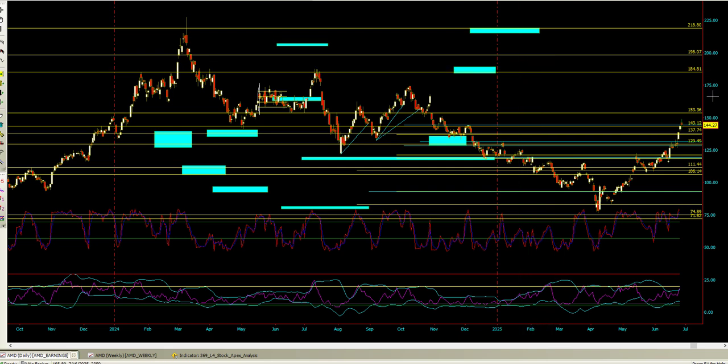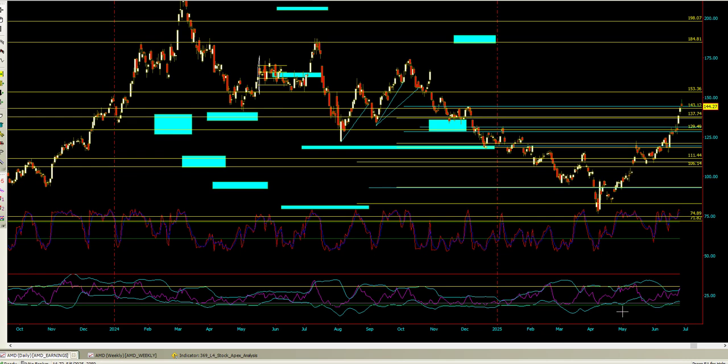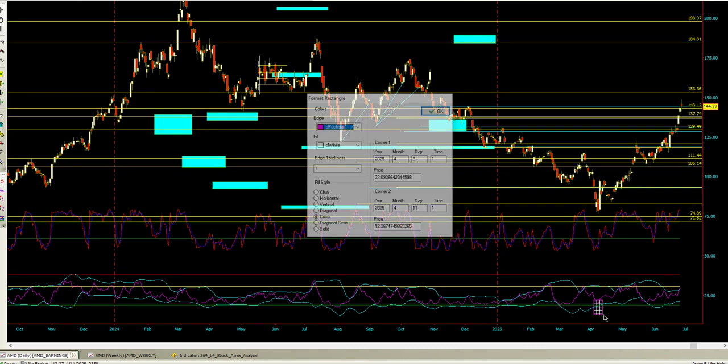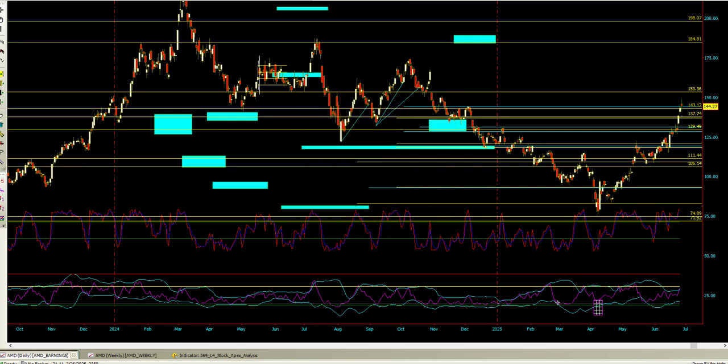Alright, there we go. And on the bottom we have our level 1 oscillators, which is very clearly telling us that we are in a bullish mode right here. Look at the bottom. You have the oscillators, you have the contract tracker.